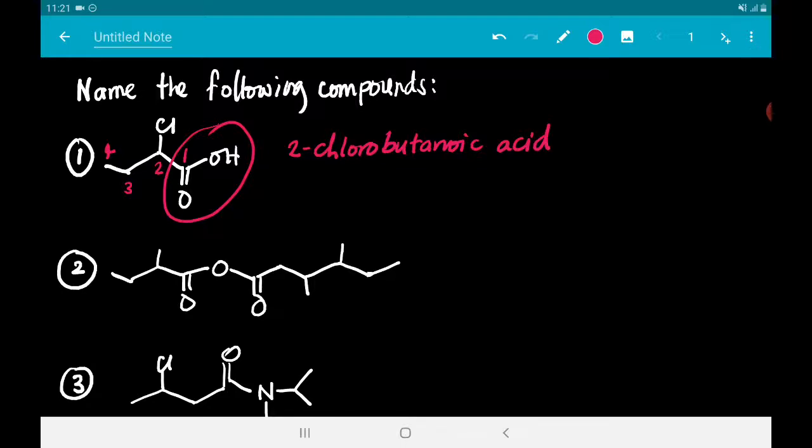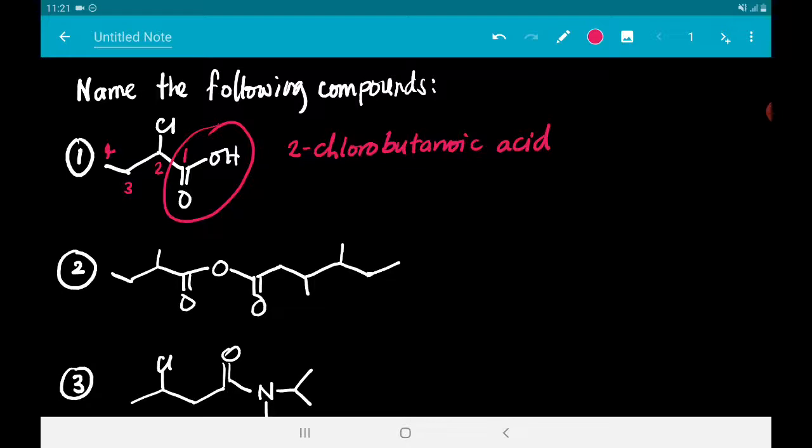Number 2. Okay? Number 2 is an acid anhydride. And it is asymmetric. So, merong mga substituent yung bawat isang acyl group. So, we'll consider them. So, dito, hindi mo kailangan mamili ng longer chain.